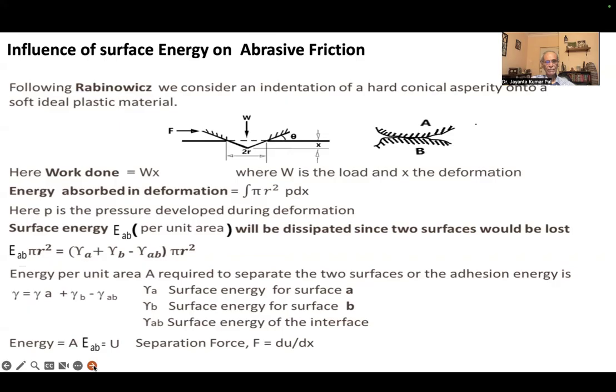Gamma A is the surface energy of surface A, gamma B is the surface energy of surface B, and gamma AB is the surface energy of the interface. Therefore, we can say that EAB times pi r squared, where pi r squared is the contact area for the single asperity, as can be seen in the figure, is equal to gamma A plus gamma B minus gamma AB into pi r squared.